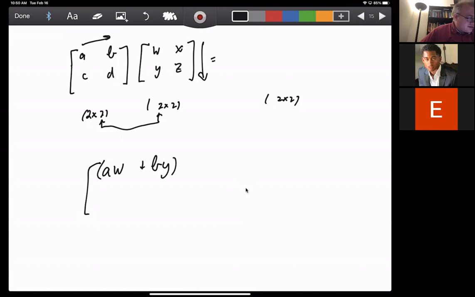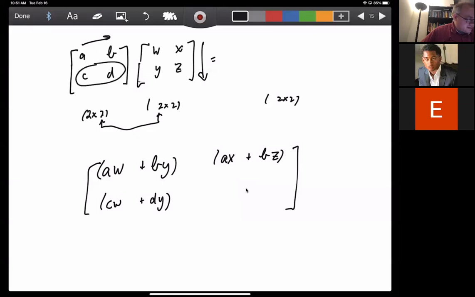If you go across and down, you have A times X plus B times Z. Same thing in the second row of your results: C times W plus D times Y. And for the 2,2 entry, second row, second column, you use the second row and second column: C times X plus D times Z. All right, that's the basic idea.